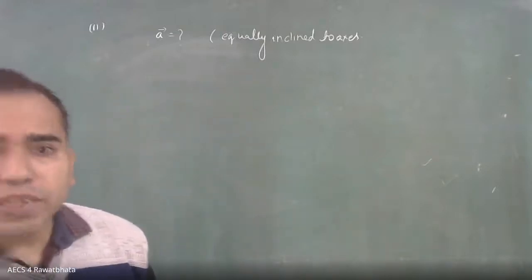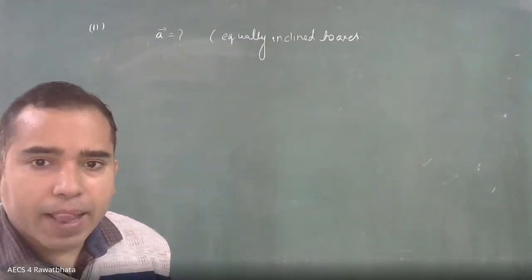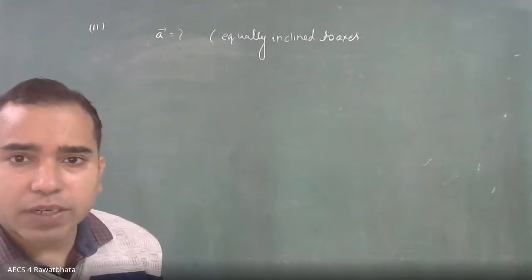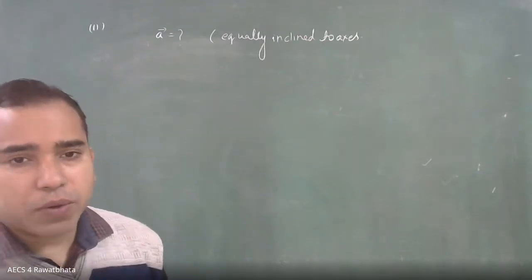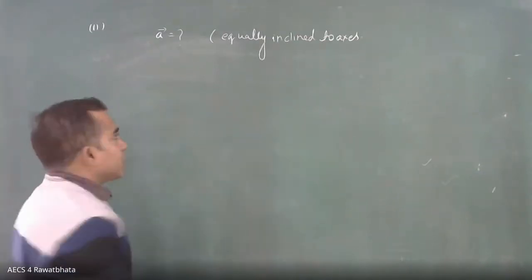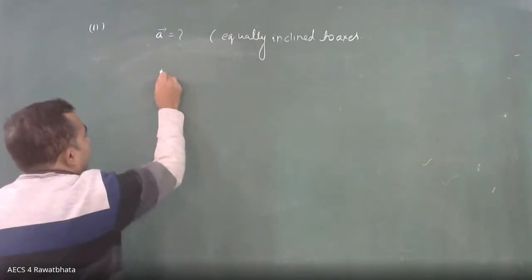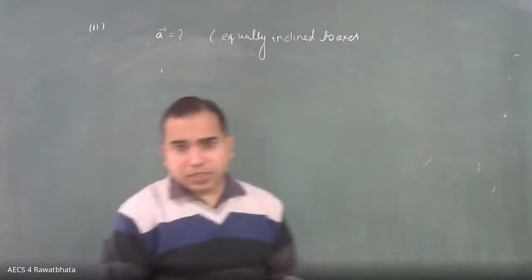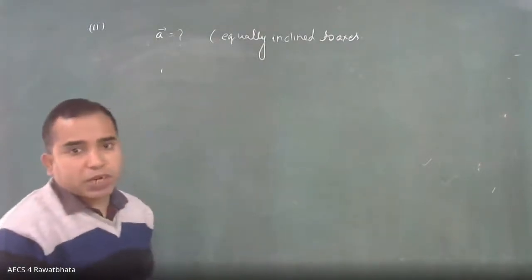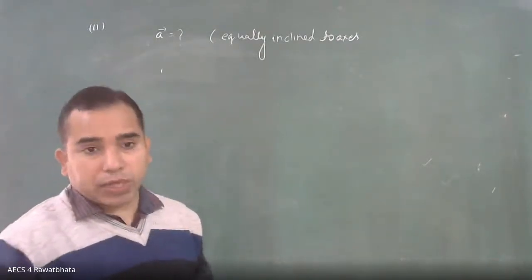And is this a unit vector? No, we don't know. Students, you should know that if a vector makes alpha, beta, gamma angles with axes, then cos alpha, cos beta, cos gamma are called direction cosines.